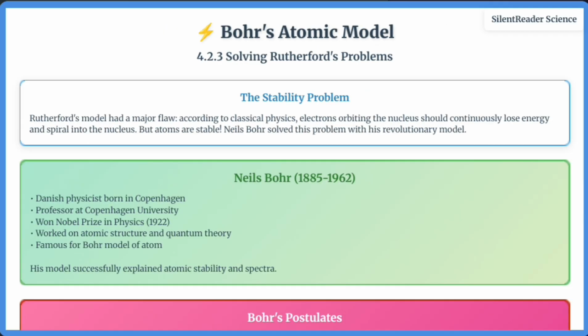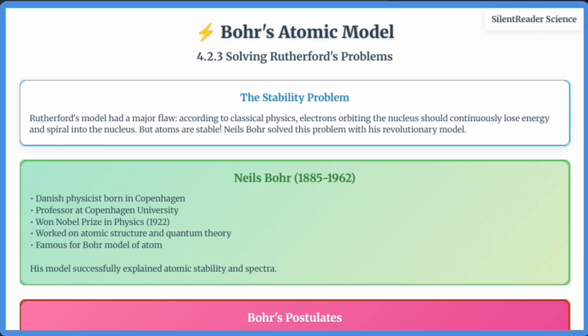Rutherford's model had a major problem though. According to classical physics, electrons orbiting the nucleus should continuously lose energy and spiral into the nucleus, making atoms unstable. But we know atoms are stable. Niels Bohr solved this problem with his quantum model. Bohr proposed that electrons can only orbit in specific allowed paths called stationary orbits or energy levels.